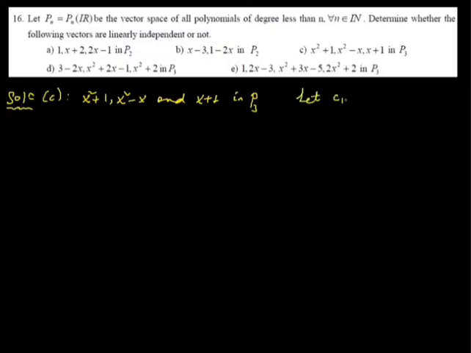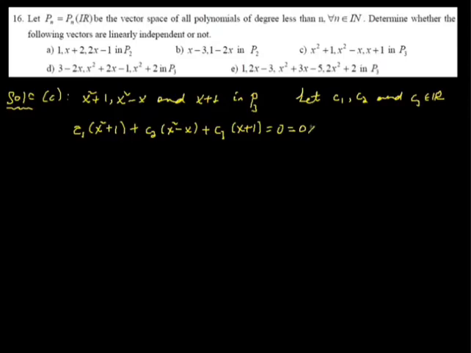let c1 c2 and c3 be elements of the real numbers, and let's see what their linear combination looks like. c1 times x squared plus 1 plus c2 times x squared minus x plus c3 times x plus 1 is equals to 0, and this 0 is in p3. ይሄ 0 ማለት 0x squared plus 0x plus 0 አድርጋችሁ መጻፍ ትችላላችሁ.